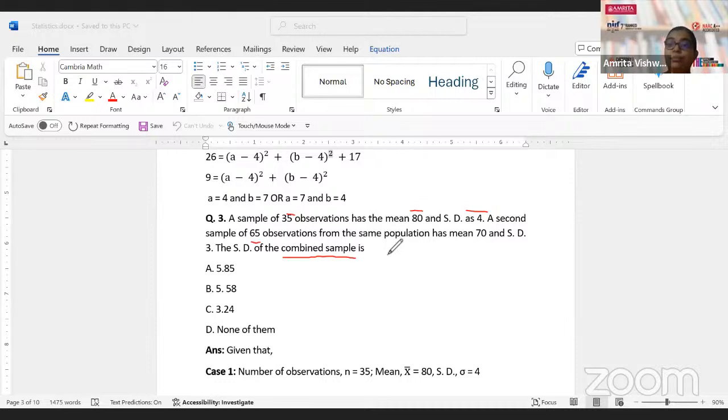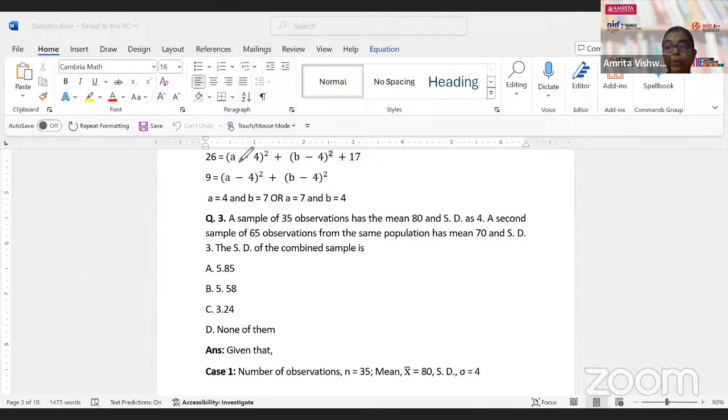It is from the same population, which means the same category. They have the mean as 70 and standard deviation as 3. Now, the question is asking you to find the standard deviation of the combined sample.